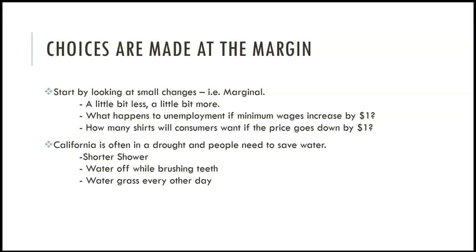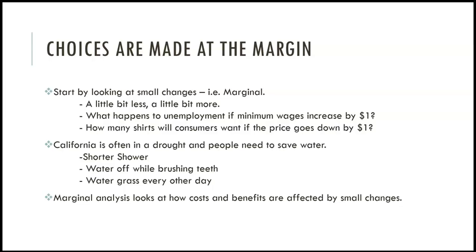These are all marginal choices. We're making small changes. We're not going from all water use to no water use. We find little ways to save, marginal reductions in water usage. So marginal analysis is going to look at how costs and benefits are affected by small changes.